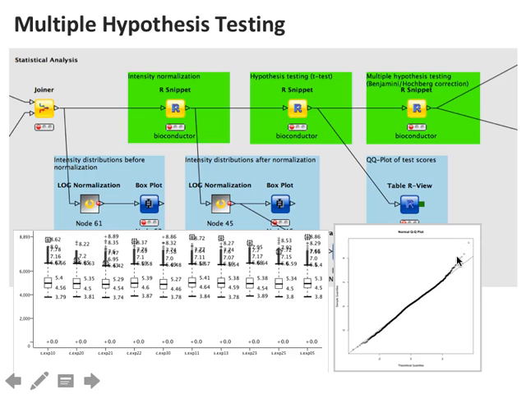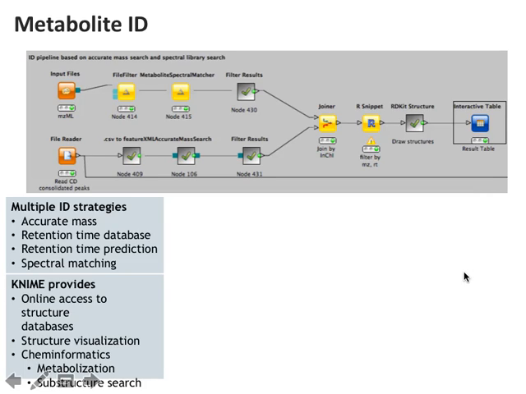And in the QQ plot, you would see there are a bunch of metabolites that seem to be differentially regulated. Then we can do Metabolite ID. As I said, I will talk about that a bit more tomorrow morning.